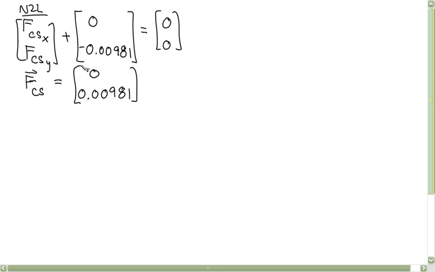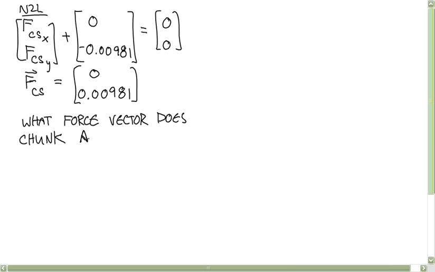And then what if you wanted to know what force vector does the chunk apply to the surroundings?